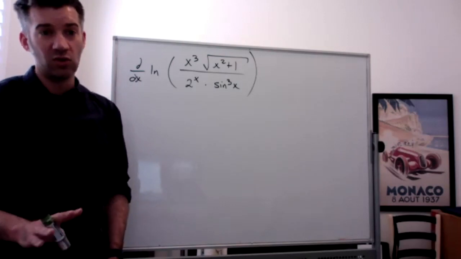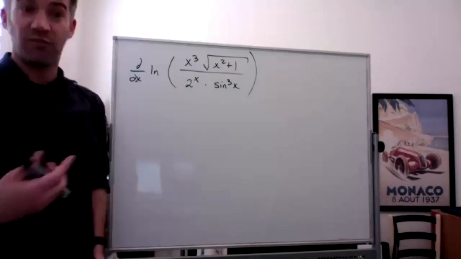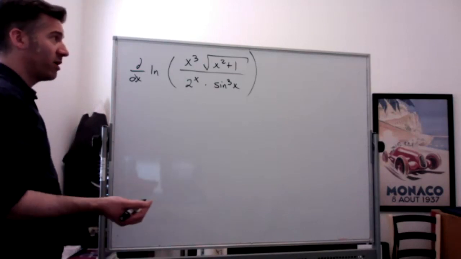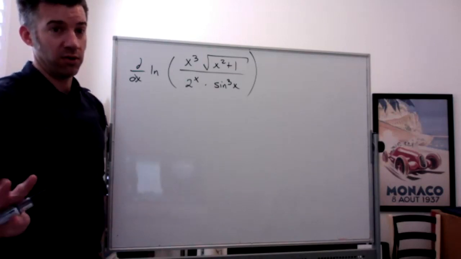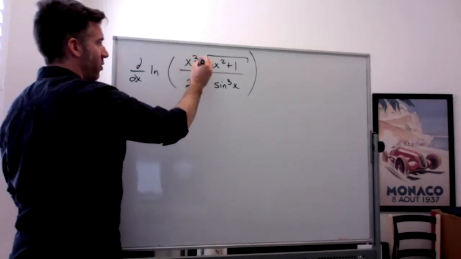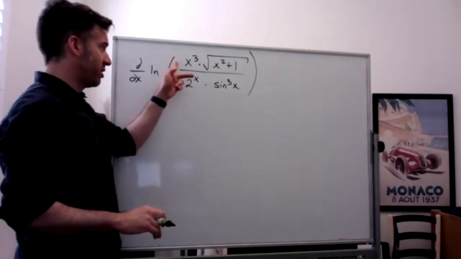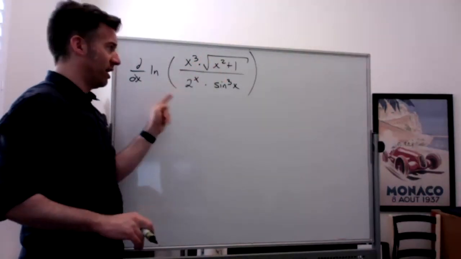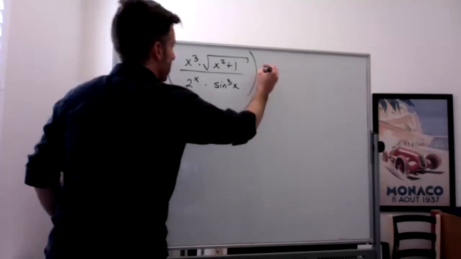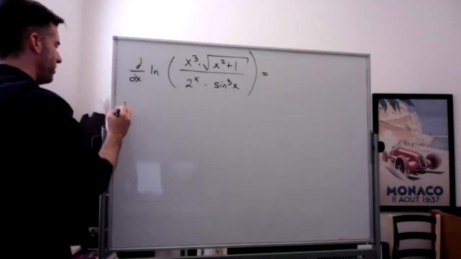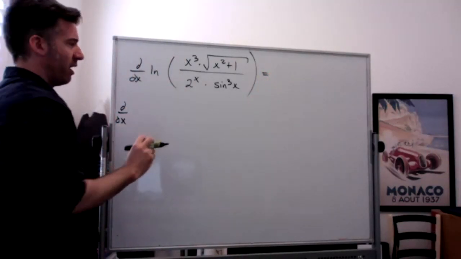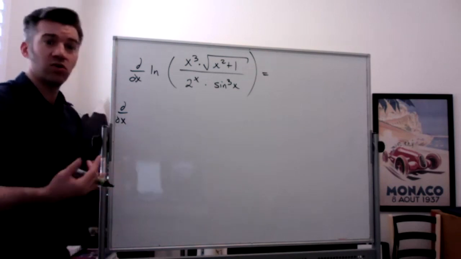Terrible if you don't do the thing. So we're going to break this up into 4 different logarithms, because there are 4 different factors: x cubed, the square root of x squared plus 1, 2 to the x, and sine cubed of x. I'm going to do it in 2 steps just to show you guys, but here's what you should know.